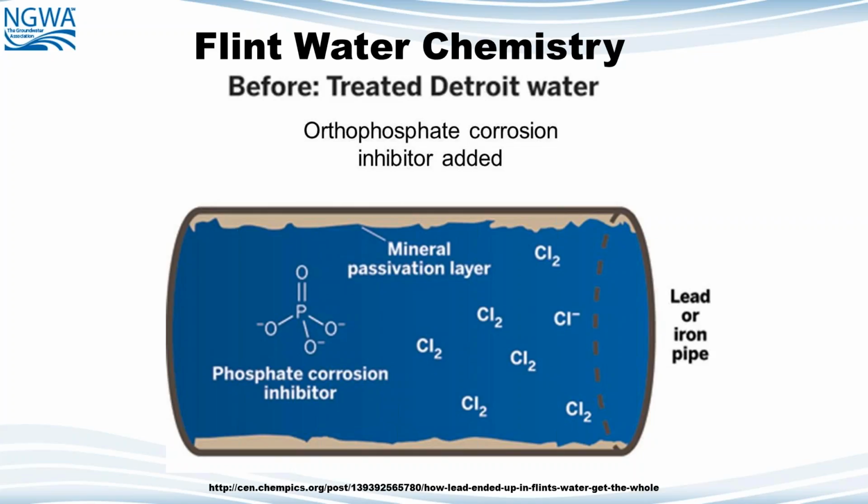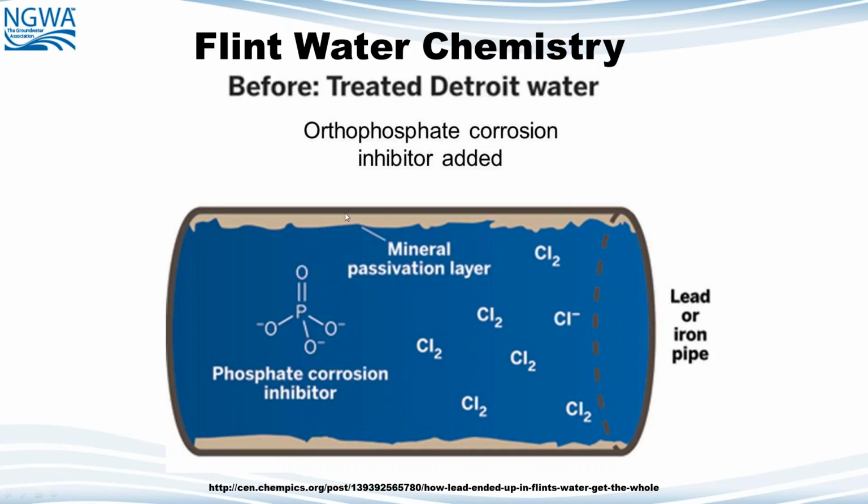And keep in mind that chlorine is probably the most widely used disinfectant in the world. However, because it's a disinfectant, it's an oxidant, and because it's an oxidant, it wants to attack things. So the aggressive nature of the chlorine is mitigated by this orthophosphate corrosion layer.